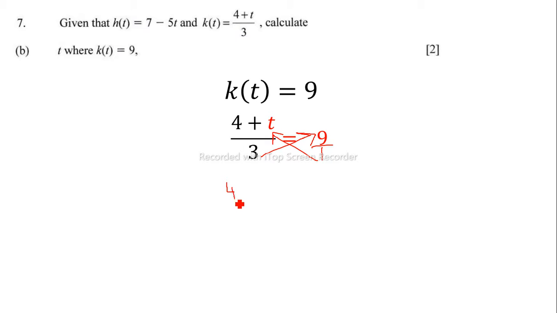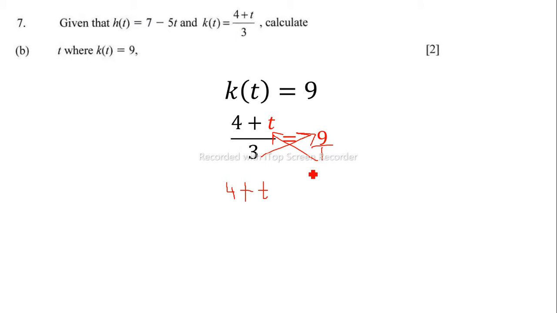Because what is 1 times 2? 2. What is 1 times 3? 3. What is 1 times 4? 4. What is 1 times 5? 5. What is 1 times 6? 6. So what is 1 times 4 plus t? 4 plus t.